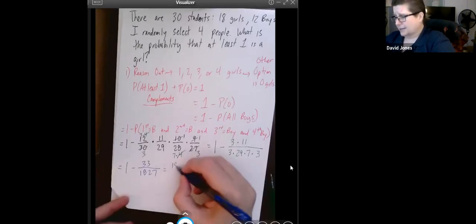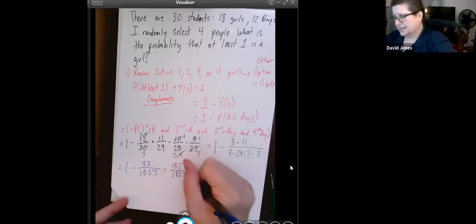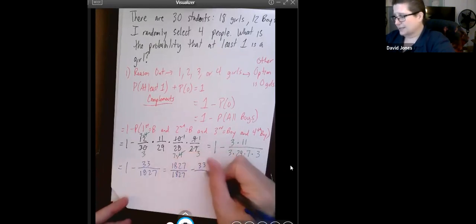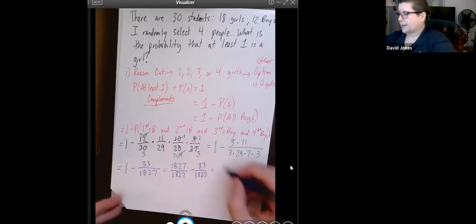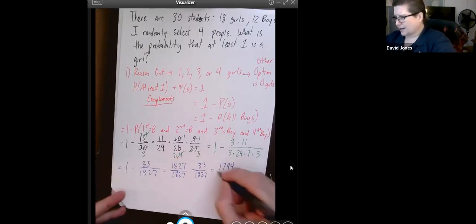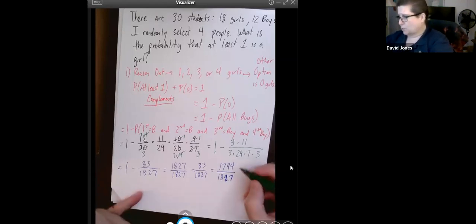If I get a common denominator, 1827 over 1827 minus 33 over 1827 is 1,794 over 1,827. That's the probability of at least one girl. If we divide that, I'm getting approximately 0.982.